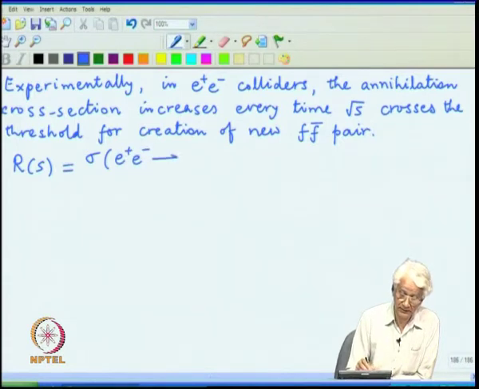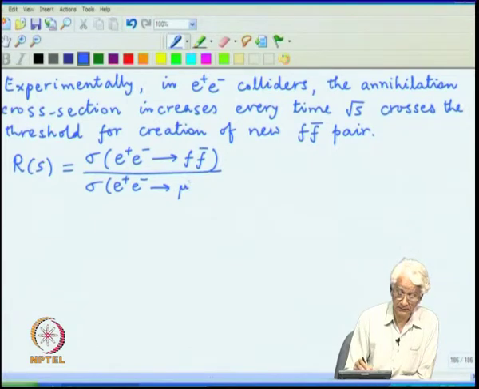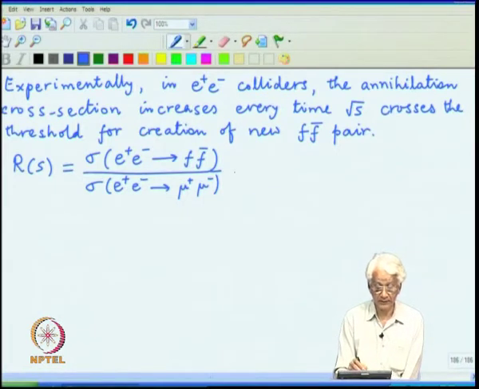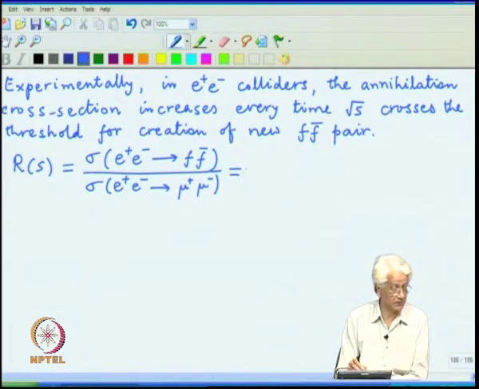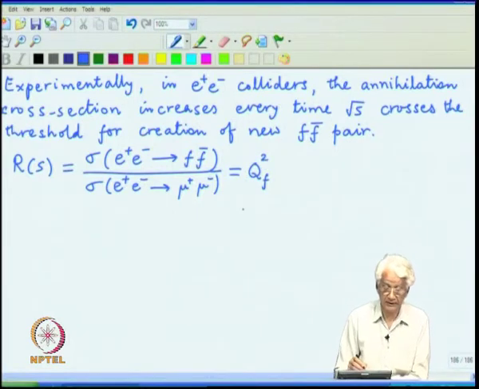is the object where all the overall factors of various numbers and energy cancel out, and the result looks quite simple.